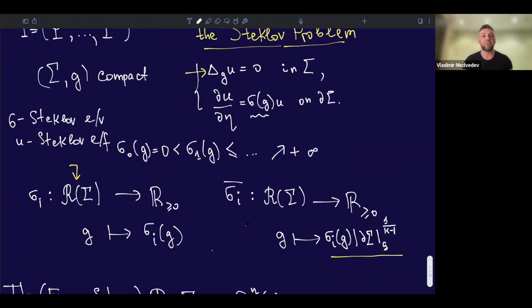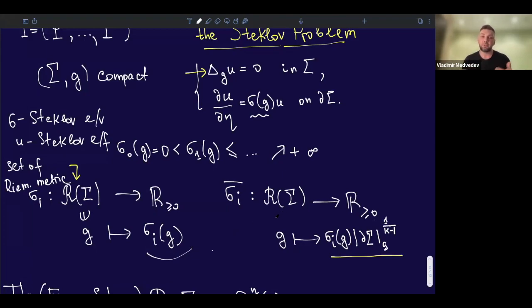And you can consider the ith Steklov eigenvalue as a functional on the set of Riemannian metrics on sigma, which assigns to each metric on sigma its ith Steklov eigenvalue.